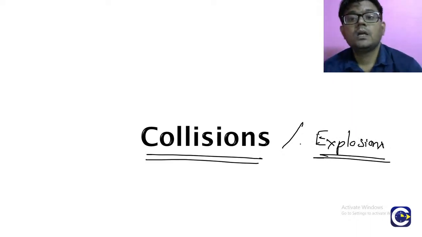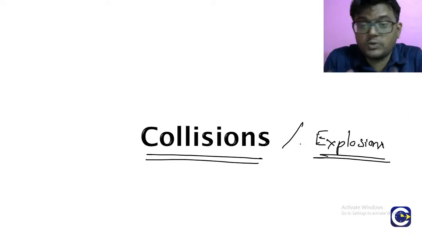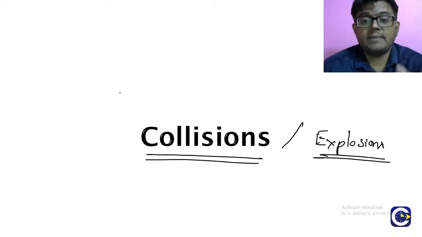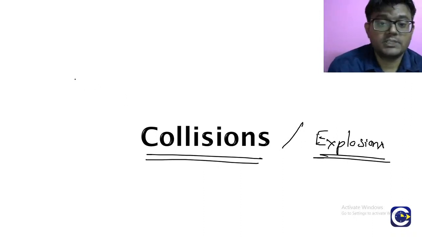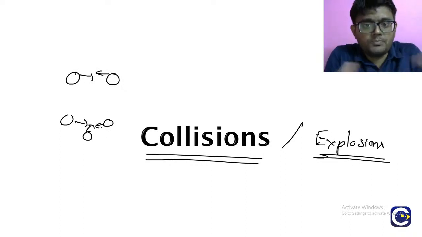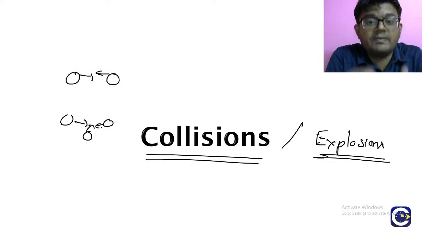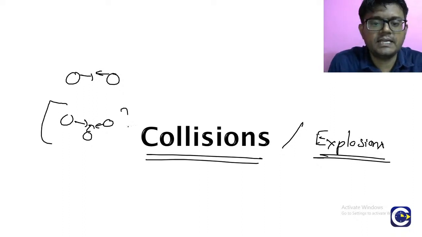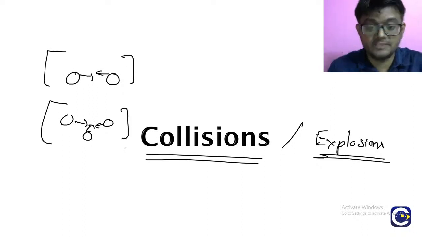Okay, now the thing is collisions and explosion, right? So we'll just get some idea about what is the collision and what is an explosion. So collision may be between two particles, or it may be between many particles. So many particles will approach each other and they will have an interaction. This interaction is what we call as collision.